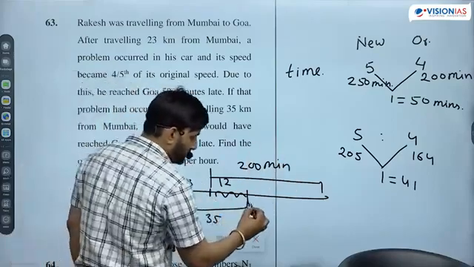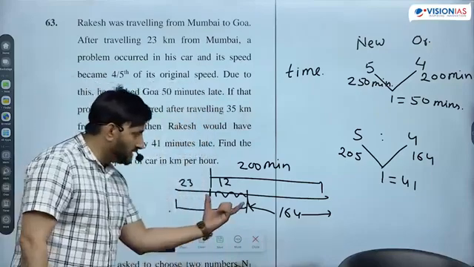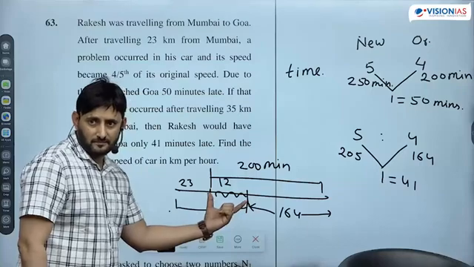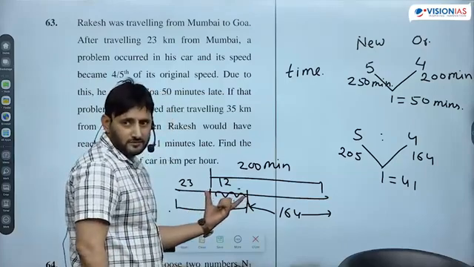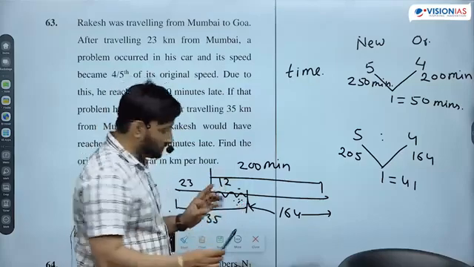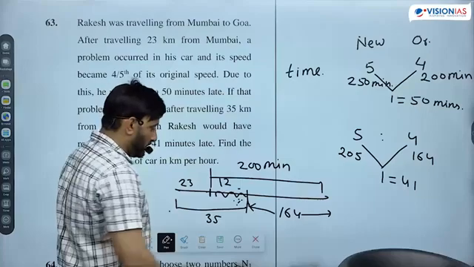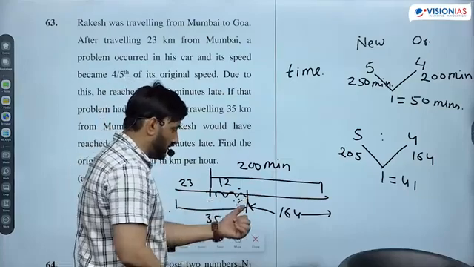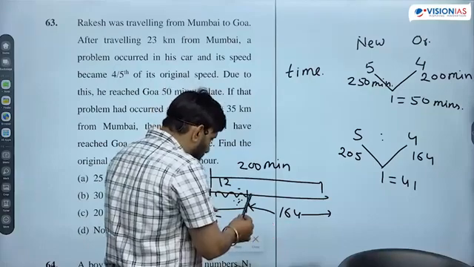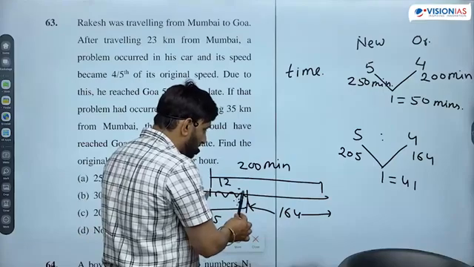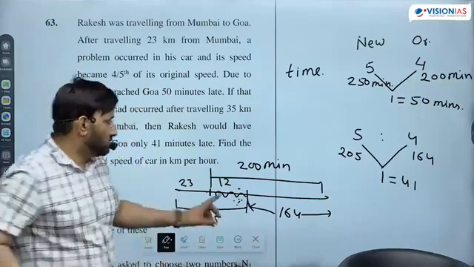And with the original speed, this distance is covered in 164 minutes. So it takes him 36 minutes. Yes or no? So with the original speed, he will take 36 minutes to cover this 12 kilometer distance. The first accident happened here, so the remaining part of the journey could be covered in 200 minutes at the original speed. Now the accident took place 12 kilometers further, that is here. Now the remaining journey could have been covered with the normal speed in 164 minutes. So in these 12 kilometers, how much time change comes with the normal speed? 36 minutes. So with the normal speed the person can cover this 12 kilometers in 36 minutes.